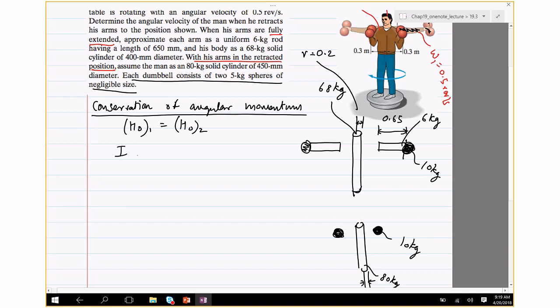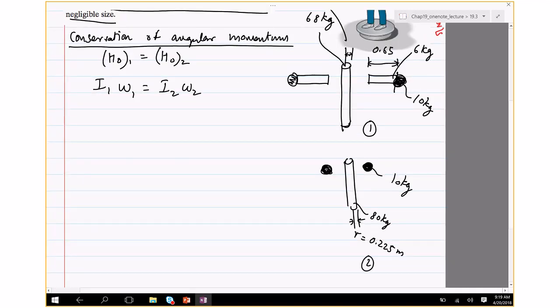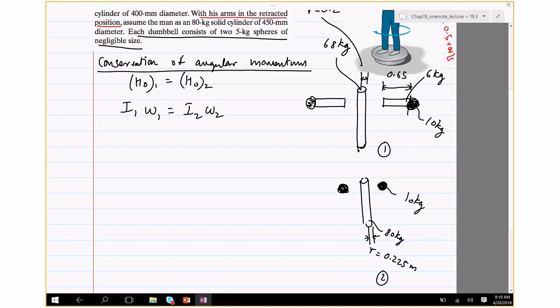So initial, this is I1 times omega 1 equals I2 omega 2. This is the instance 2. So it all boils down to finding I1 and I2 for those geometries. So let's find I1 and then find I2. I1 consists of 3 parts.